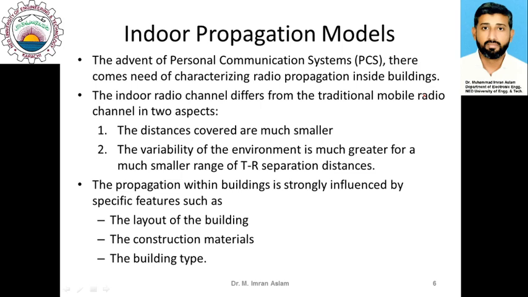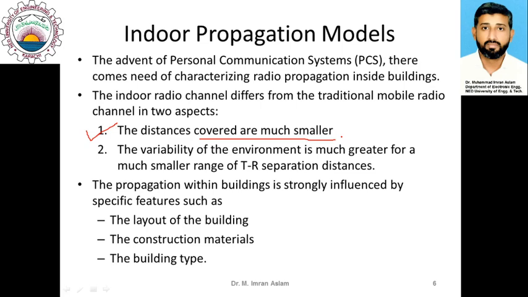The primary difference between the outdoor and indoor channel is that the first thing is that the distances which we have to cover in indoor are significantly smaller as compared to the outdoor propagation. So generally when we are talking about outdoor propagation, we talk in distance ranges of kilometers.